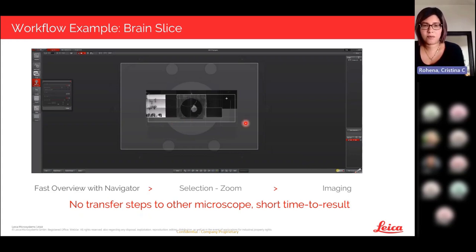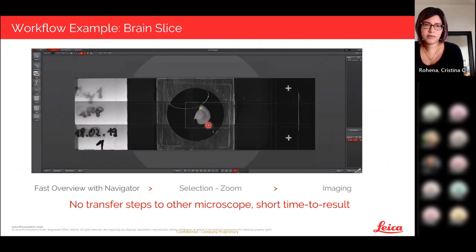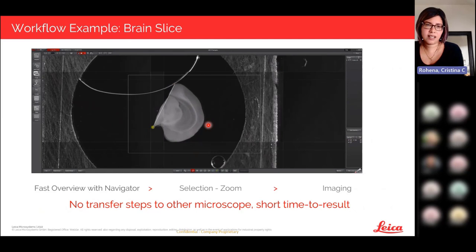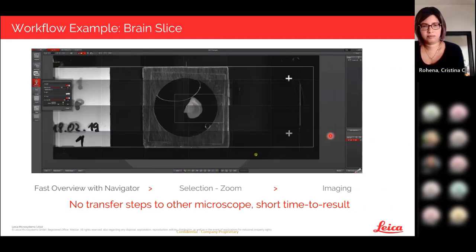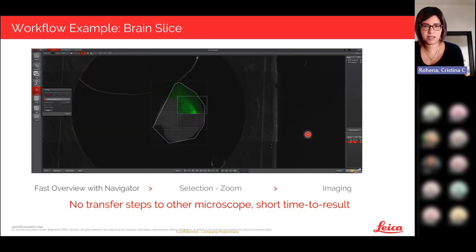Once we do that, we can then quickly outline our region of interest that we want to image, zoom, and acquire that in fluorescence as well. You can see here how we're outlining the brain slice. And then we just hit start to acquire the fluorescent image.